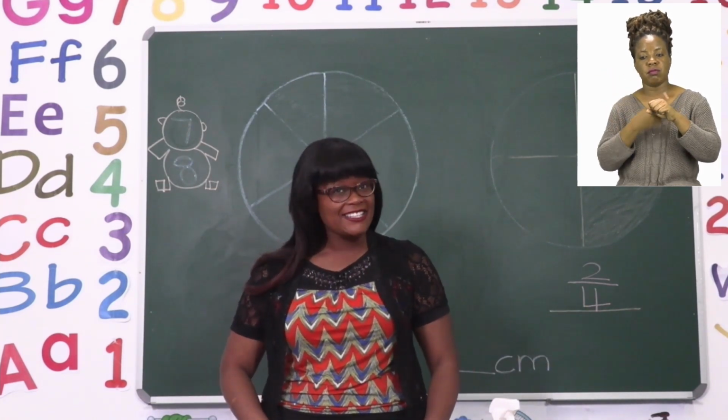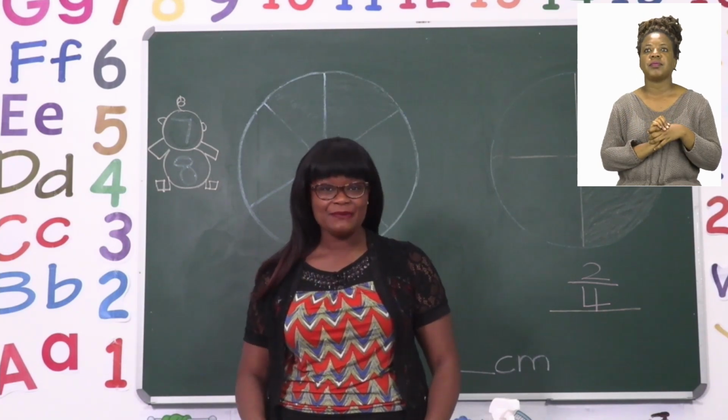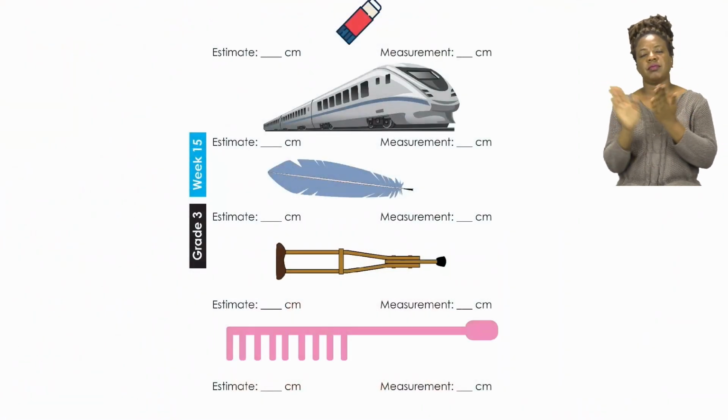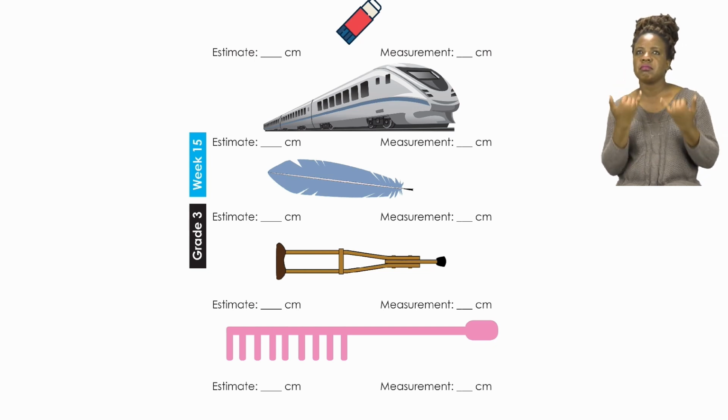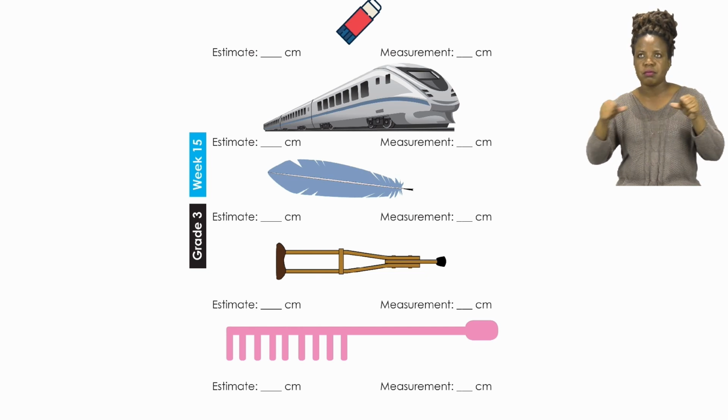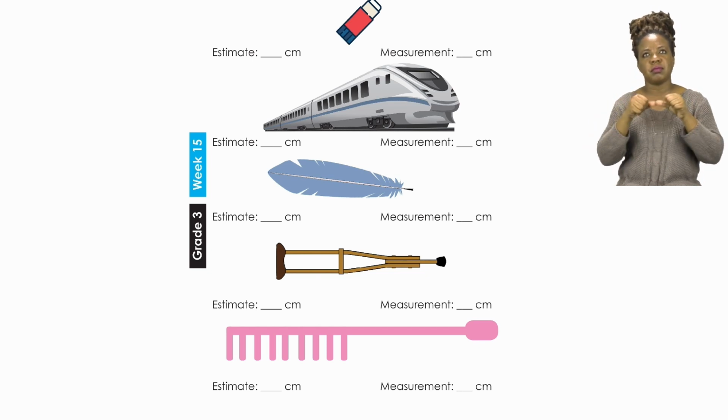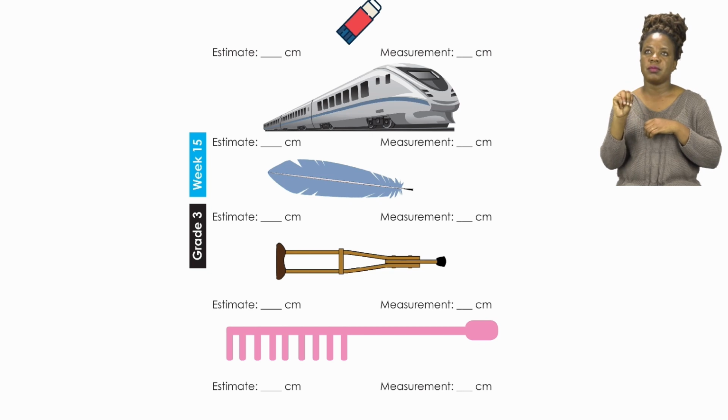Now, let's go to the next page, page 8. On page 8, we are going to continue with our mathematics, but this time we will be focusing on measurement. Now, when we measure something, we use the unit of measurement, which is centimeters. cm, that's what centimeters is.